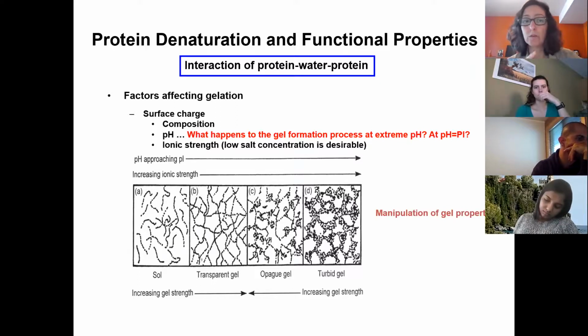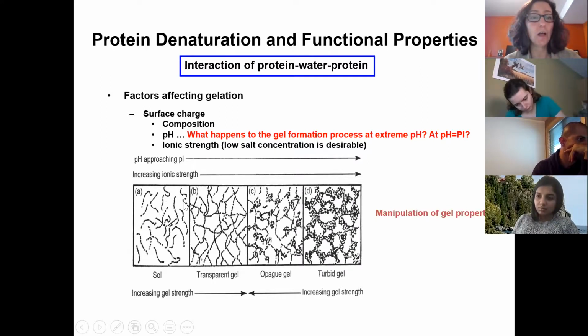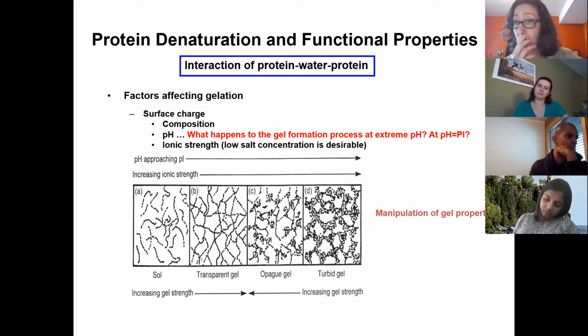Same with salt. A little bit of salt sometimes helps form a gel. A lot of salt can cause aggregation, and maybe a very small concentration of salt can enhance solubility and reduce gelation. So basically, we want to be careful in the choice of our conditions and take that into account when we're forming a gel.